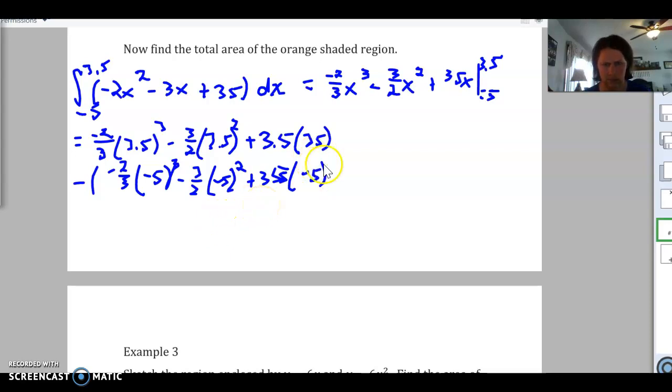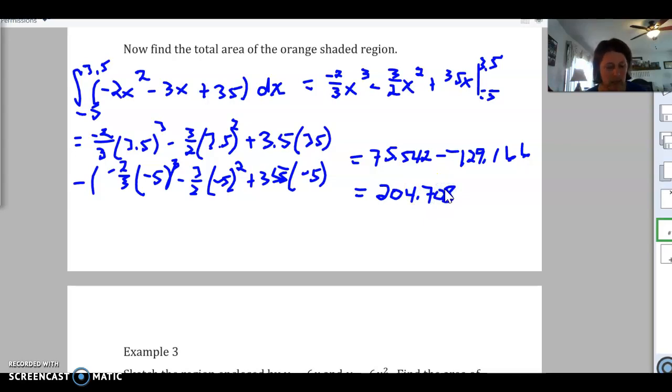Okay, so plugging all of that into my calculator, I ended up with 75.542 minus -129.166, and then ended up with a final answer of 204.708. And that's all for example number 2.